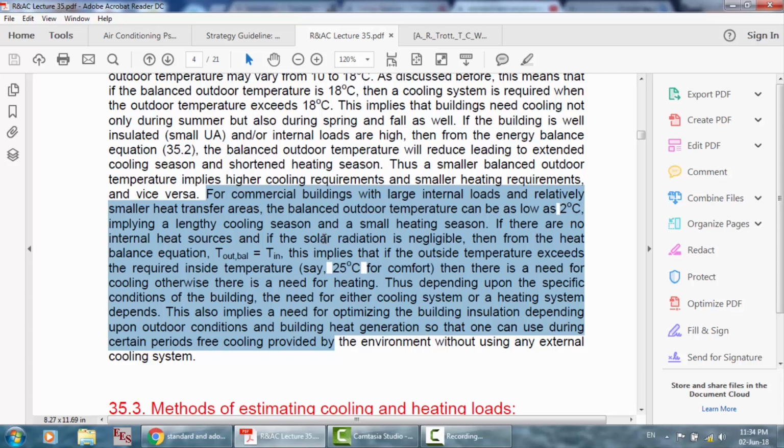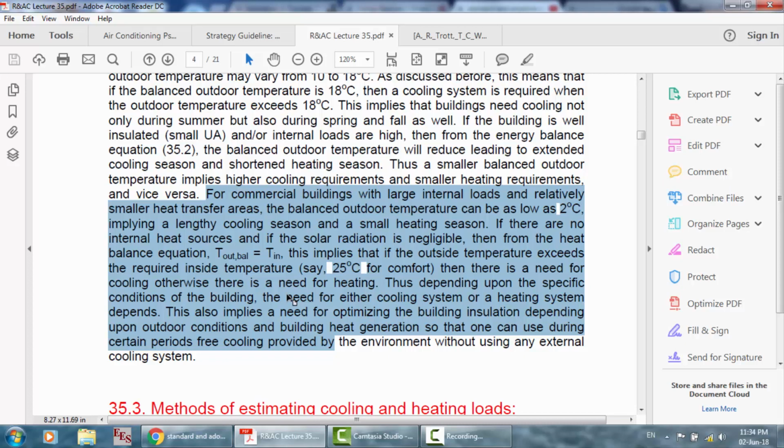If there are no internal heat sources, if the solar radiation is negligible, then from the heat balance equation, T out balanced equals T in. This implies that if the outside temperature exceeds the required inside temperature, say 25 Celsius for comfort, then there is a need for cooling, otherwise there is a need for heating.